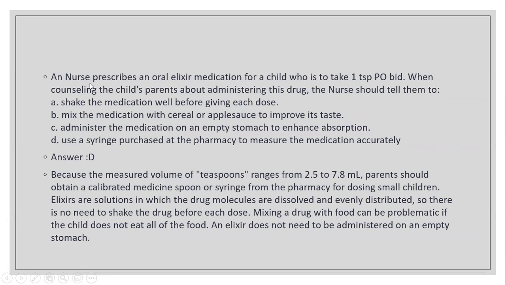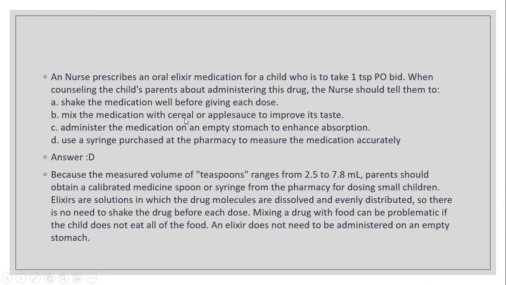Next question. A nurse prescribed an oral elixir medication for a child who is to take 1 teaspoon orally BID, twice a day. When counseling the parents about administering this drug, the nurse should tell them to: A, shake the medication well before giving.